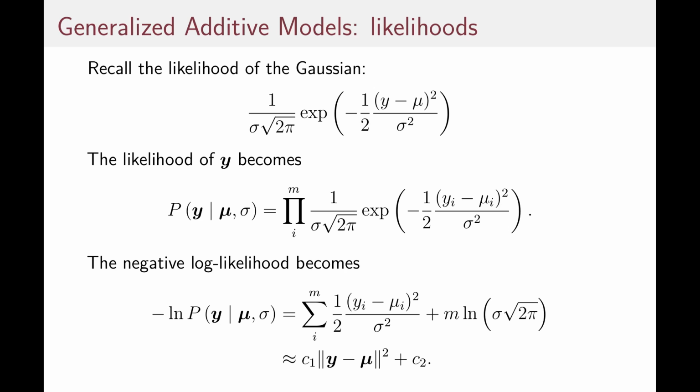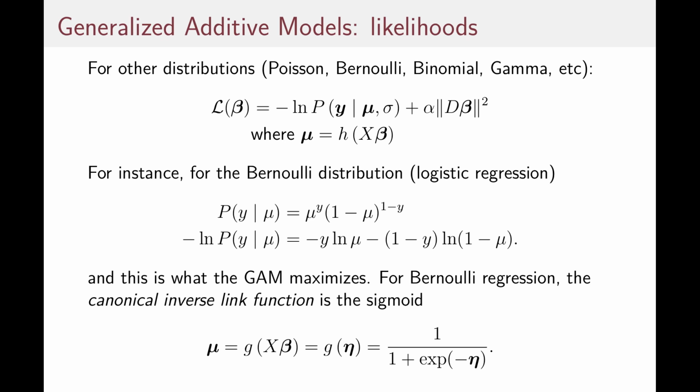Hopefully that was somewhat understandable. But we can use our framework with the splines for other distributions: Poisson, Bernoulli, which is logistic regression, binomial, gamma, inverse Gaussian, and maybe a few others too.